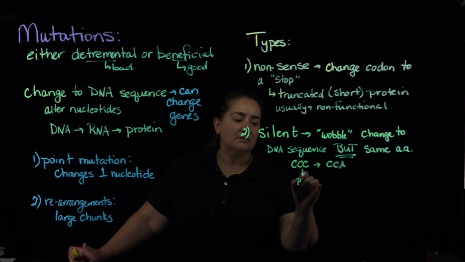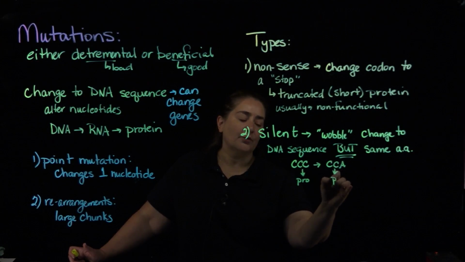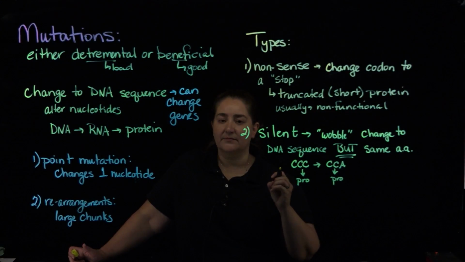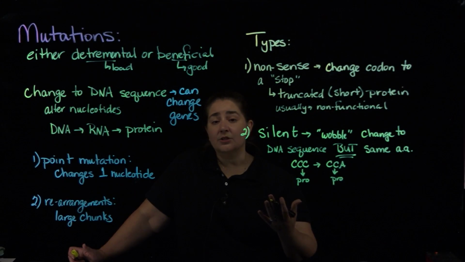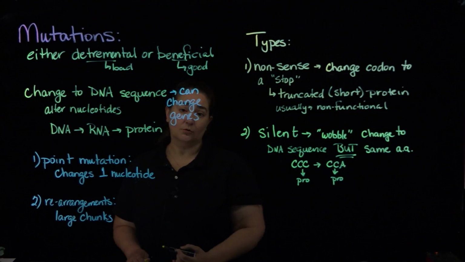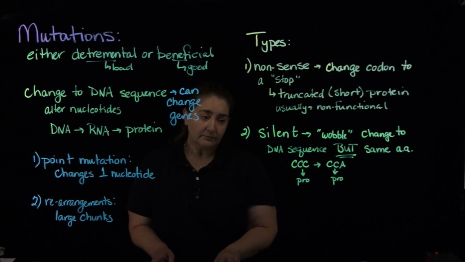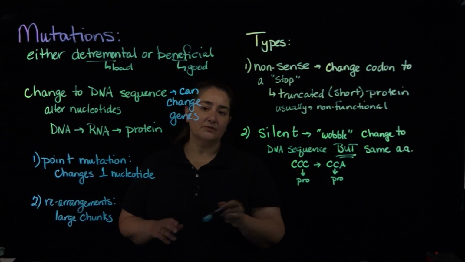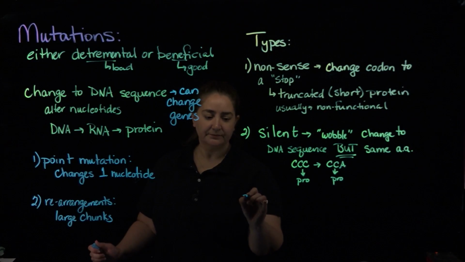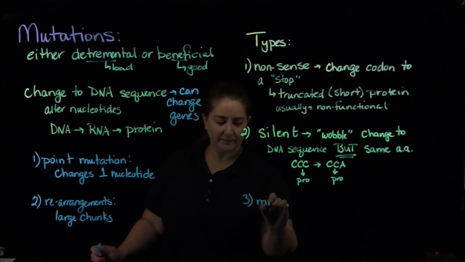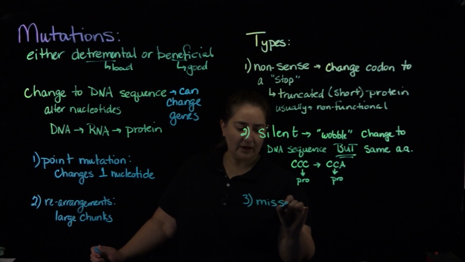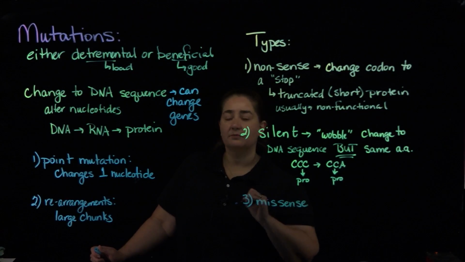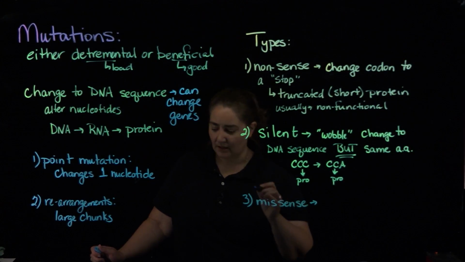Either one of these is going to insert our proline as the amino acid. So the protein's still going to function absolutely perfectly normally, okay? So we've got the nonsense, we've got the silent, and then we've got the missense mutation, okay?